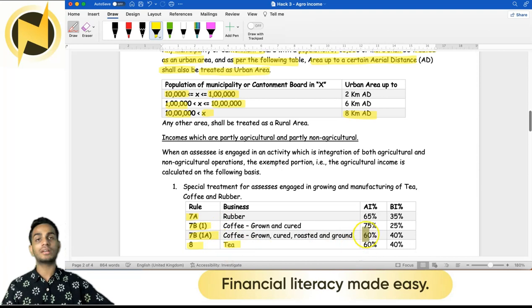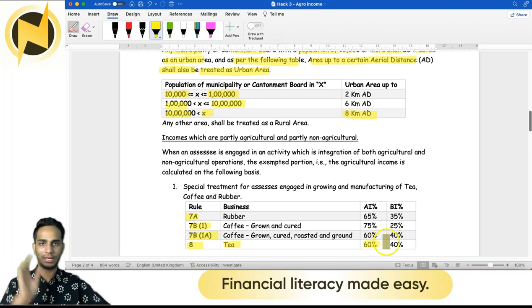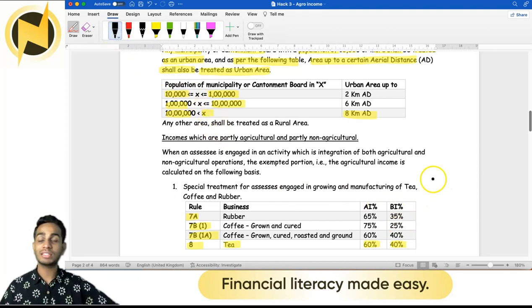So whatever income is declared, out of the income, 60% can be taken out as agricultural income. Don't pay tax. So out of 20 crores, 12 crores, take it off. Don't pay tax. And 40%, that is 8 crores, you pay tax. But then please do keep in mind, this particular section has a relation with section 33AB that you will be learning under the head profits and gains from business or profession.